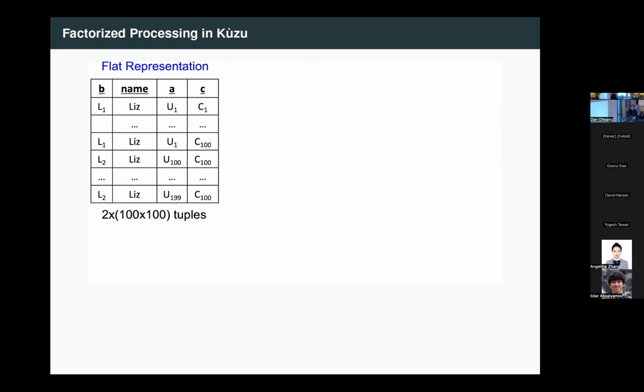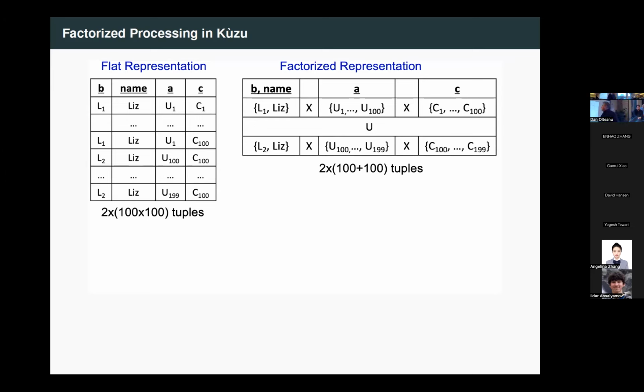So what he does instead is say, well, instead of having this flat representation for the output, where effectively I have this Cartesian product between A's and C's for every B, I have a factorized representation. For B, with name Liz, I take a Cartesian product with the A's that match, which are U1 to U100, and the Cartesian product with the C's, C1 to C100.